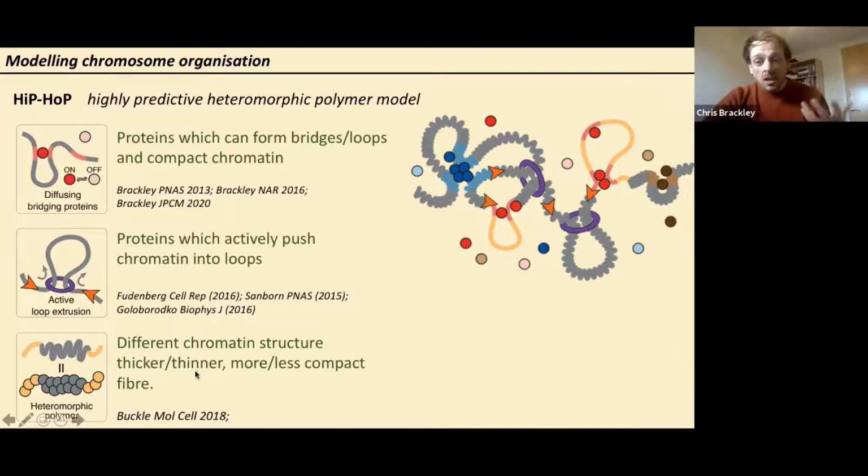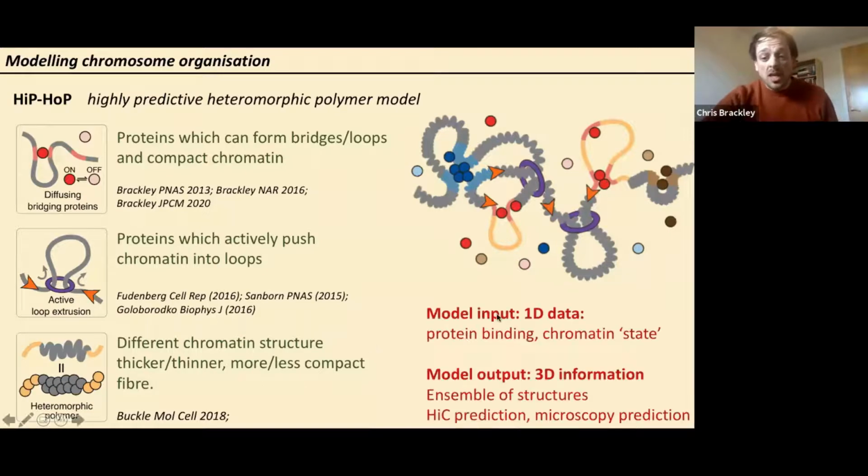Okay, so those are the ingredients for the model, and then we need some experimental data as an input for the model. The input data is 1D data. By that I mean it's things like the positions of protein binding sites along the chromosome, or chromatin state data, which tells us which region should have the more crumpled structure and which region should be more open.